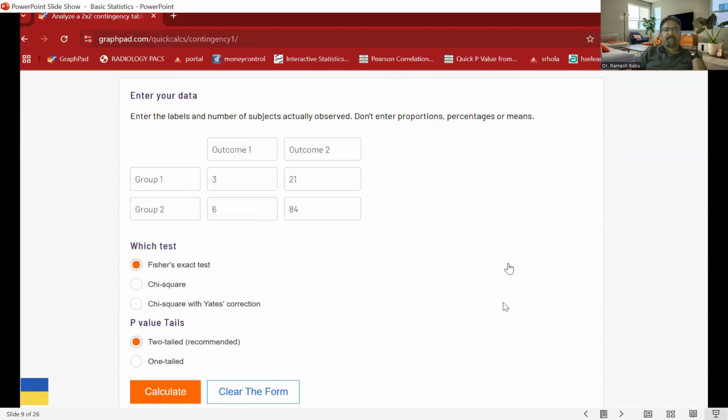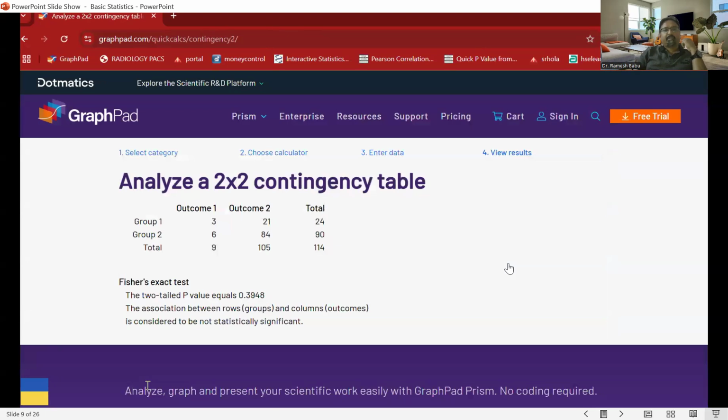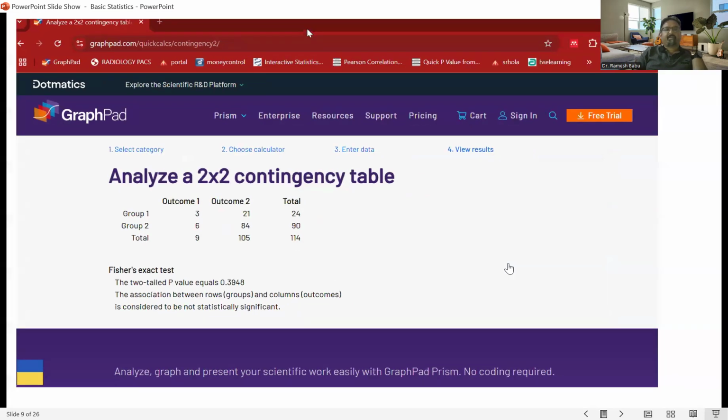It automatically calculates the total when we apply Fisher's test. That is the 2 by 2 table, and it has come out with a p-value of 0.39. That means it is not statistically significant.